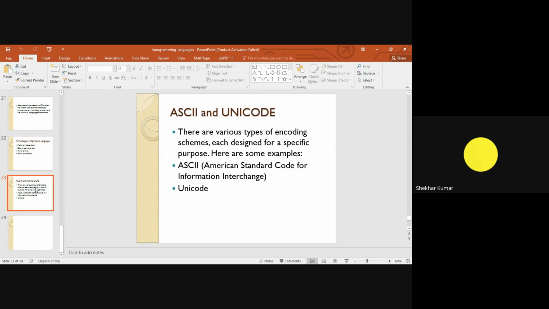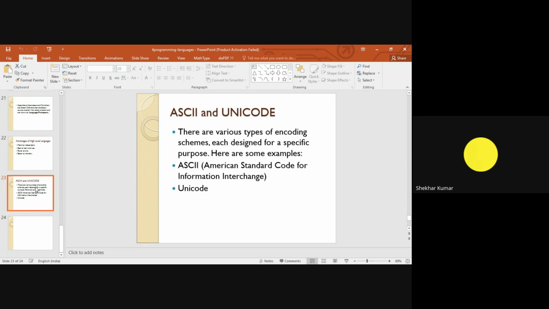Its development was from the 1960s, when it was established as a standard for encoding in computers for communication purposes. So each character in ASCII is assigned a unique code.